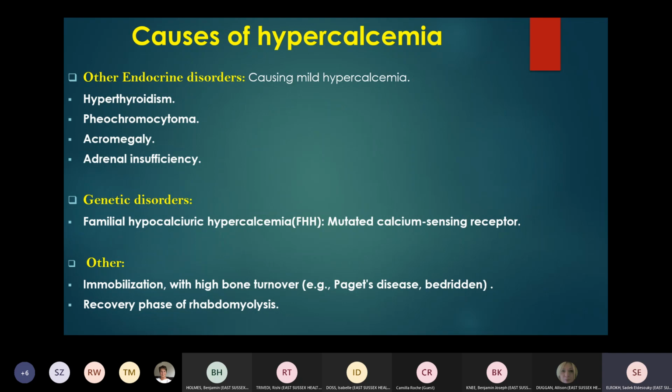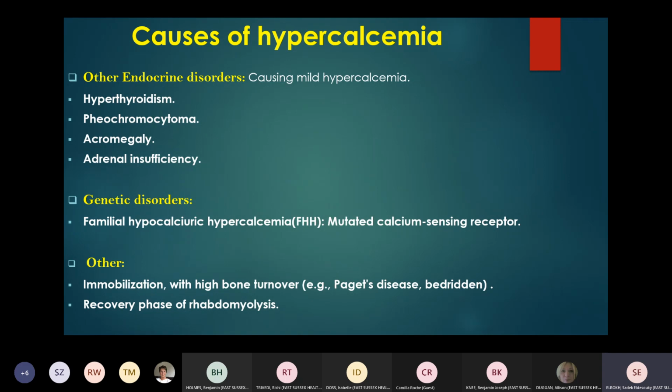Genetic disorders like familial hypocalciuric hypercalcemia, FHH, are uncommon, actually a rare condition, but it can be misdiagnosed as a case of primary hyperparathyroidism because both of them have the same presentation or the same lab characteristics: normal or high parathyroid hormone, high calcium level, and low phosphate.